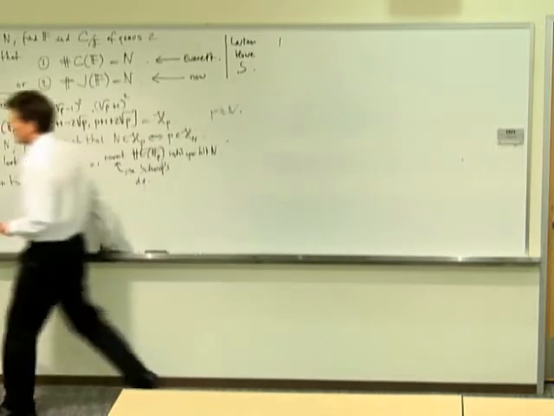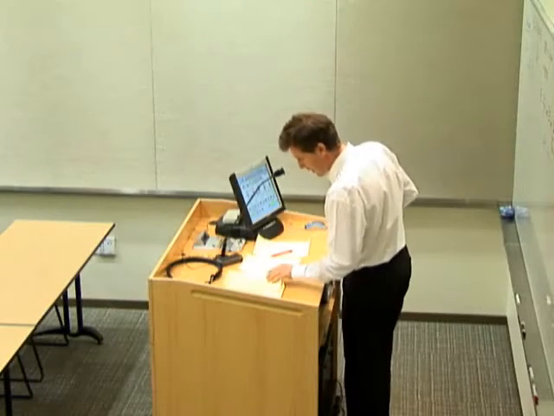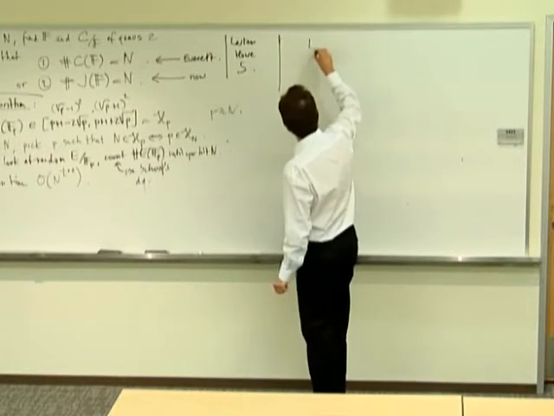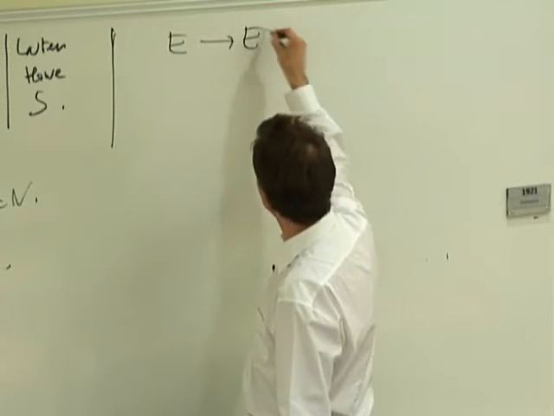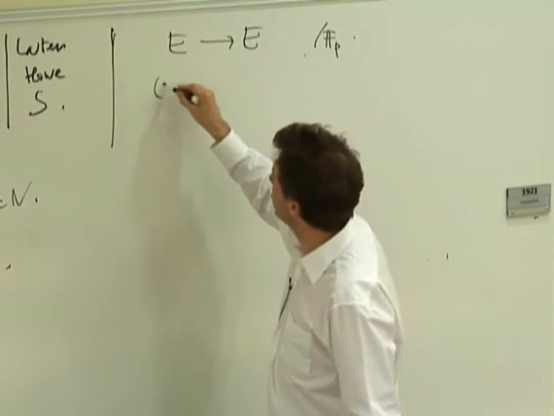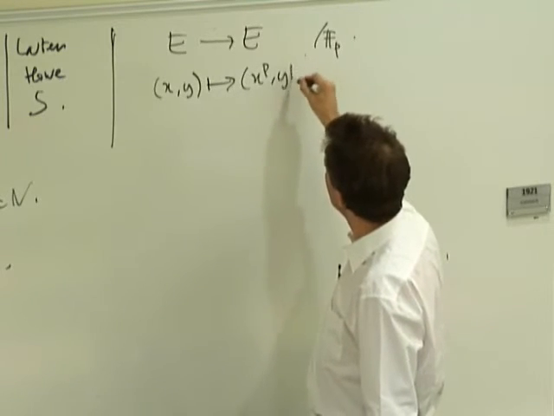That requires a little bit of background on elliptic curves. Namely, if you want to count points that are defined over F_p, then you have the map from the elliptic curve to itself, if E is defined over F_p. You have the map on points which, for the affine point, just raises everything to the power p.